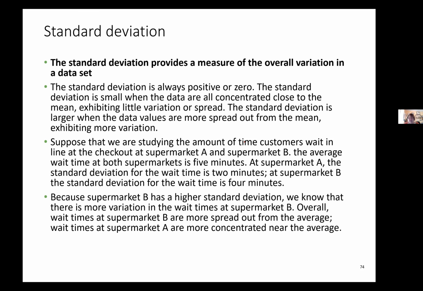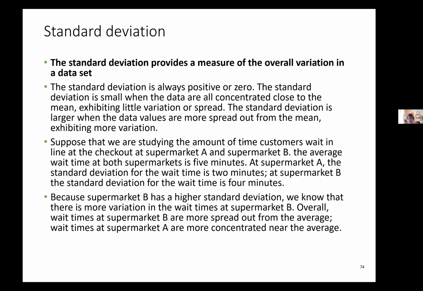The standard deviation is small when the data are all concentrated close to the mean, exhibiting little variation or spread. The standard deviation is larger when the data values are more spread out from the mean, exhibiting more variation.